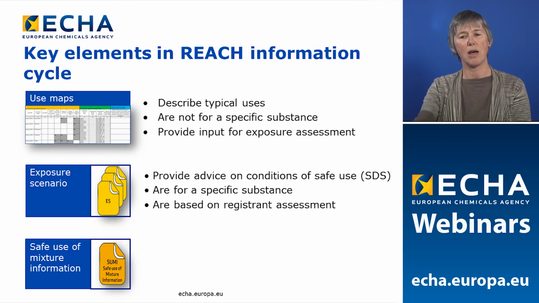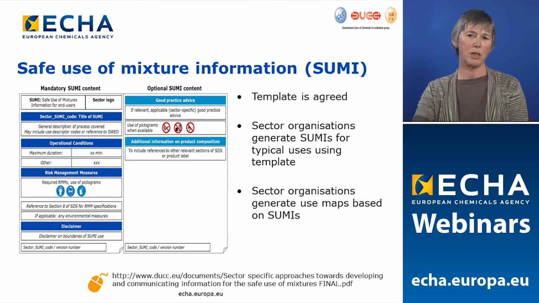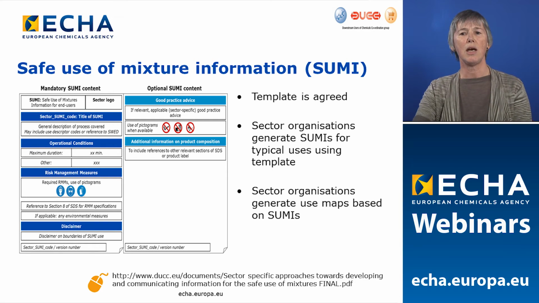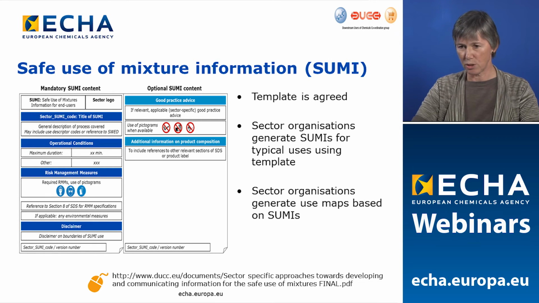So industry has worked together on developing a SUMI template. And this is really what it looks like. The template has been agreed, and you can see from looking at it, there are very clear conditions, a clear way in which the operational conditions and the risk management measures are shown, often using pictograms where necessary. The sector organisations would generate these SUMIs for the typical uses that are in their sectors, using sector terminology where necessary.